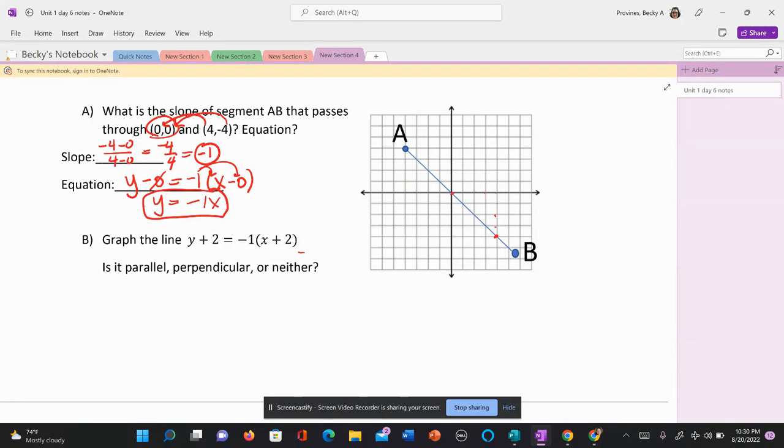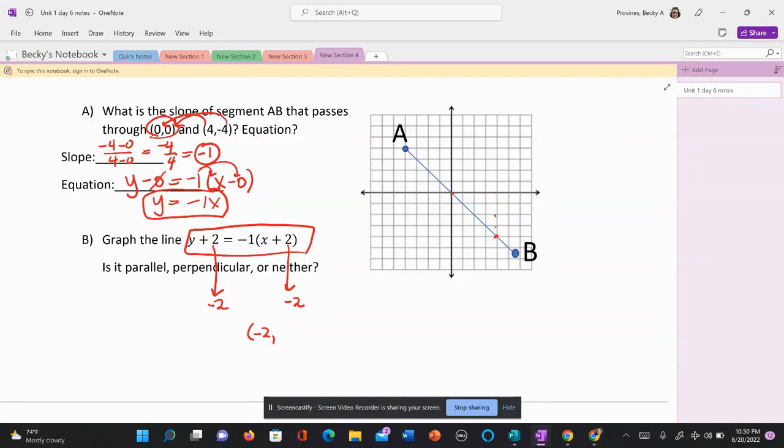Okay, so now it says to graph this onto the same graph and determine if it's parallel, perpendicular, or neither. Okay, so we did this last class. We're going to have to pull out information. You're going to take the y value, pull this out and change it to the opposite. You're going to pull this y value out and change it to the opposite.